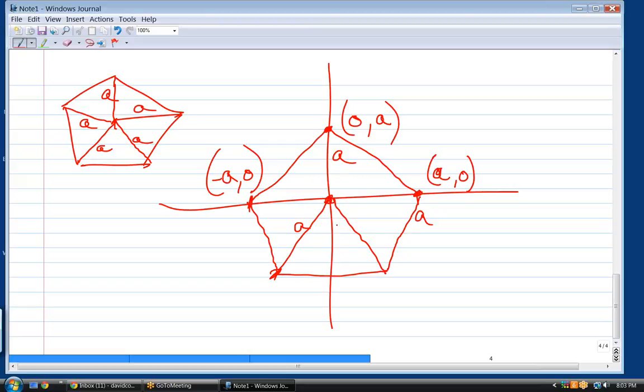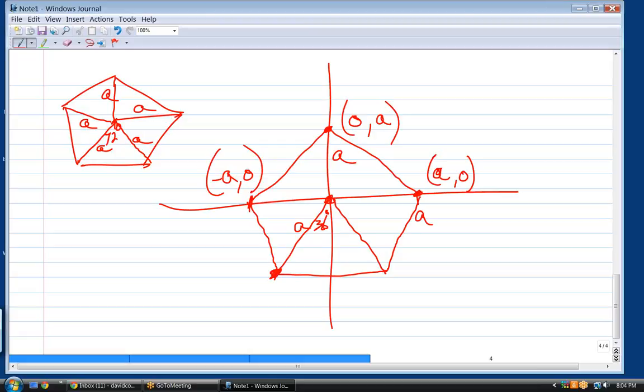There's how many of these angles? 5. So that makes the central angle 72 degrees, which makes this angle 36 degrees. So now I have a triangle whose hypotenuse is a and has an angle of 36 degrees. That's going to allow us to figure out the coordinates of this point right there.